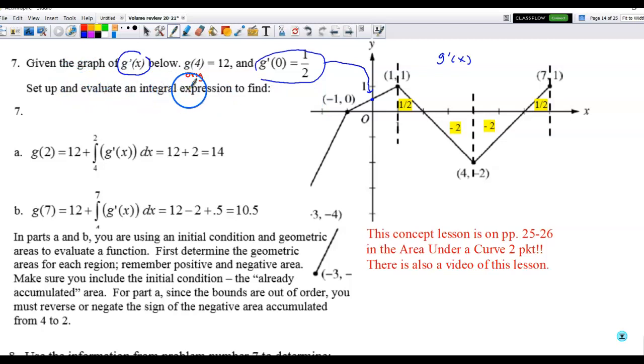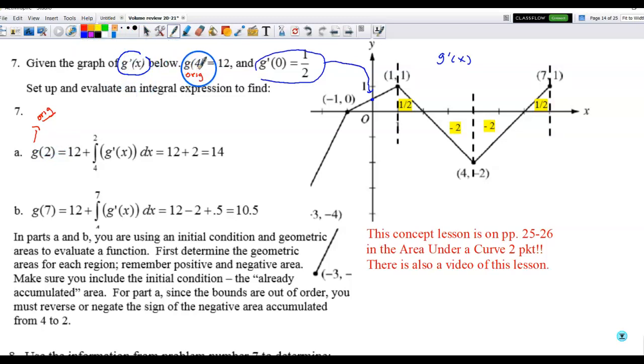Set up and evaluate an integral expression to find the following. So the first thing that we're finding is g original. Pay attention to which functions. So we're finding g original of 2. So this is where they give you a starting piece of information.